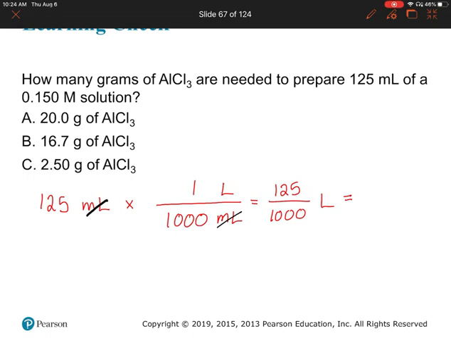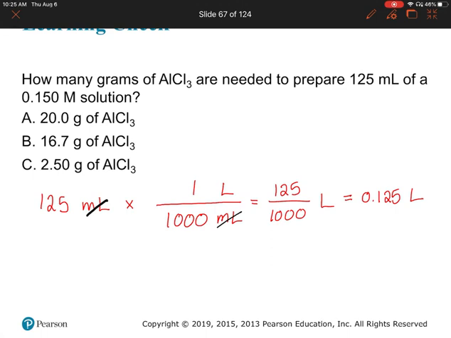Okay, now you could plug this into your calculator, or, if you are really good at this type of math, you might automatically say, oh, that's 0.125 liters. But sometimes I still plug it into my calculator, especially if I haven't quite woken up my brain yet. Okay, so that's the volume of solution in liters.